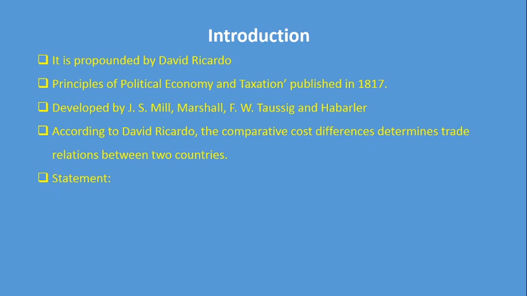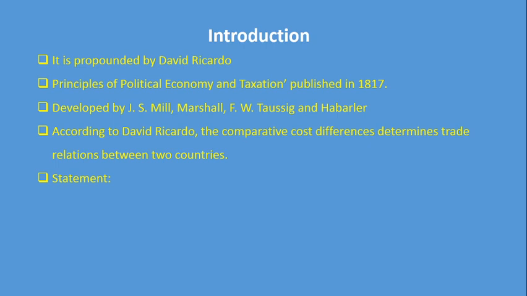In this way, each country specializes in the production of the commodity in which its comparative cost of production is least. Therefore, when a country enters into trade with another country, it will export those commodities in which its comparative production costs are less and import those commodities in which its comparative production costs are high.